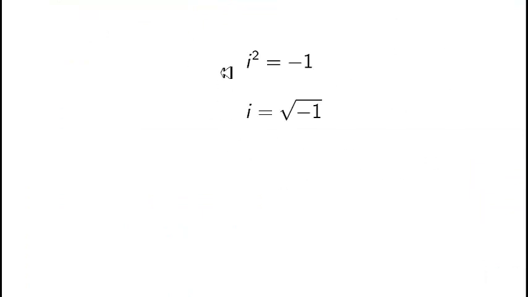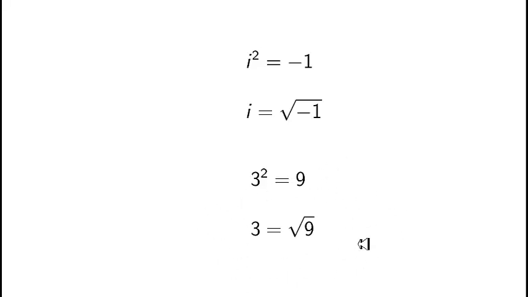It looks like you could say if i squared is equal to -1, then the square root of i squared, which is i, is equal to the square root of -1, and end up with this statement that i is equal to the square root of -1. Now this is analogous to saying if 3 squared is equal to 9, then the square root of 3 squared, which is 3, is equal to the square root of 9, and no one would ever say this.